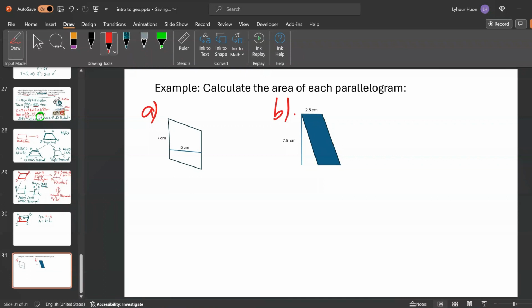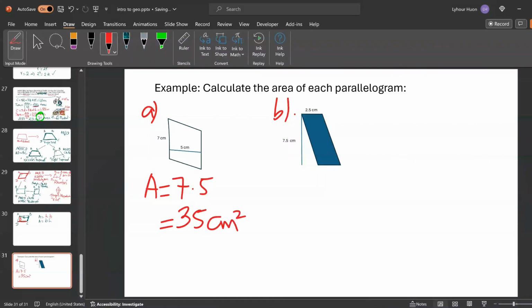So the area of the first parallelogram will be 7 times 5, the same as 5 times 7. It's equal to 35 centimeters squared.